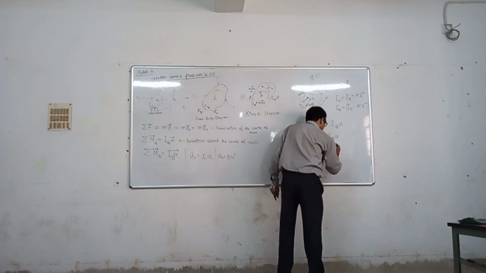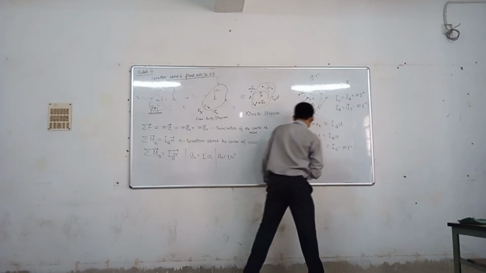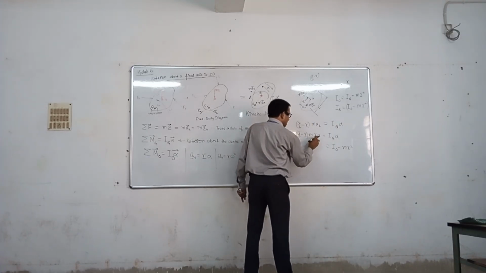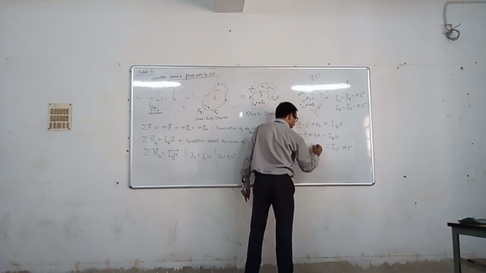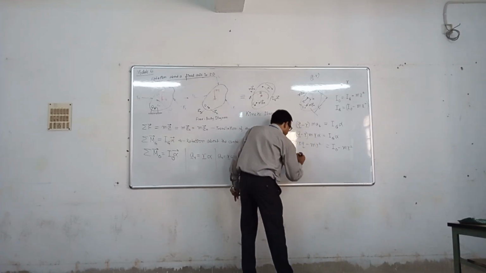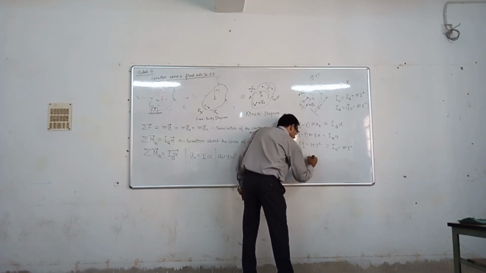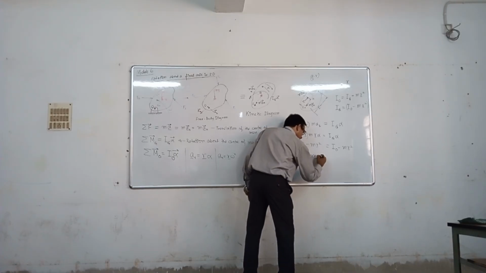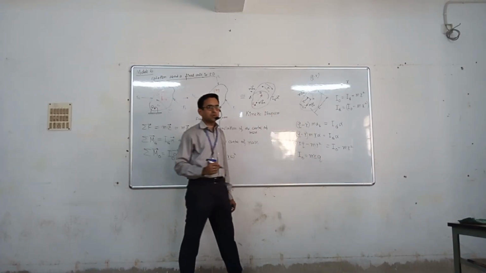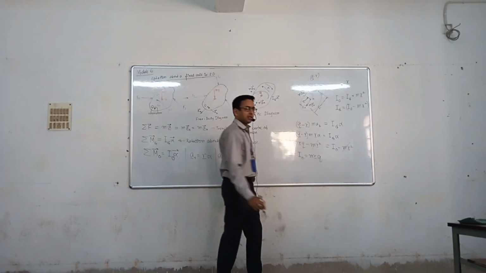So it will be IO minus M r bar square, and here it is M r bar q minus M r bar square. This M r bar square is cancelled from both the sides. So I can write that IO is equal to M r bar q. Right? So that cancels.